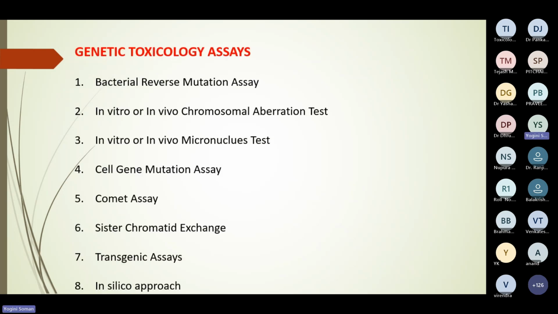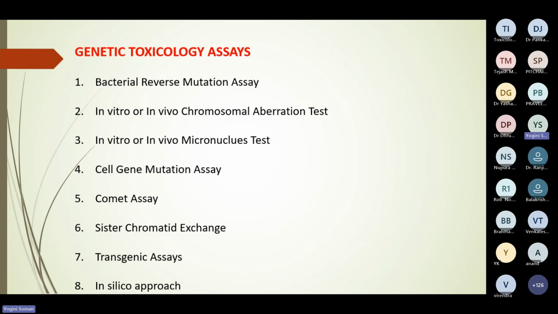So there are toxicology assays. There are a few battery assays of genotoxicity. The first one is the bacterial reverse mutation assay, or Ames test, which was developed by Bruce Ames. The second assay is the in vitro chromosomal aberration assay, or you can conduct the in vitro micronucleus test.